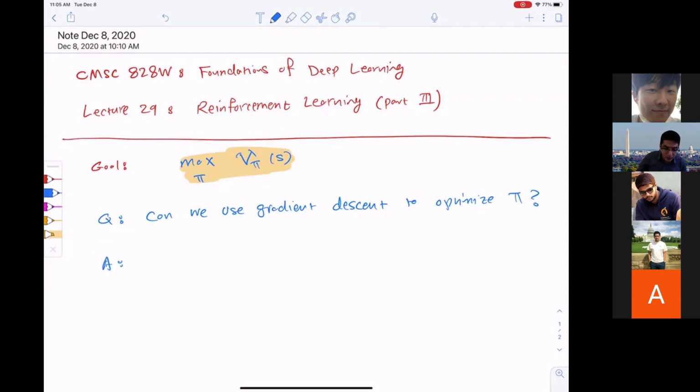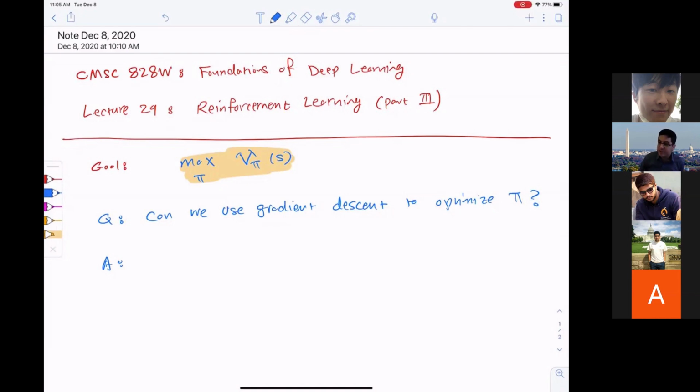Okay, so I have a couple of responses. It says if pi is differentiable. Another response is the domain for pi may not be continuous. Very good. D-dimensional, if we need pi to map discrete states to actions. I think all of them are answers in the right direction.